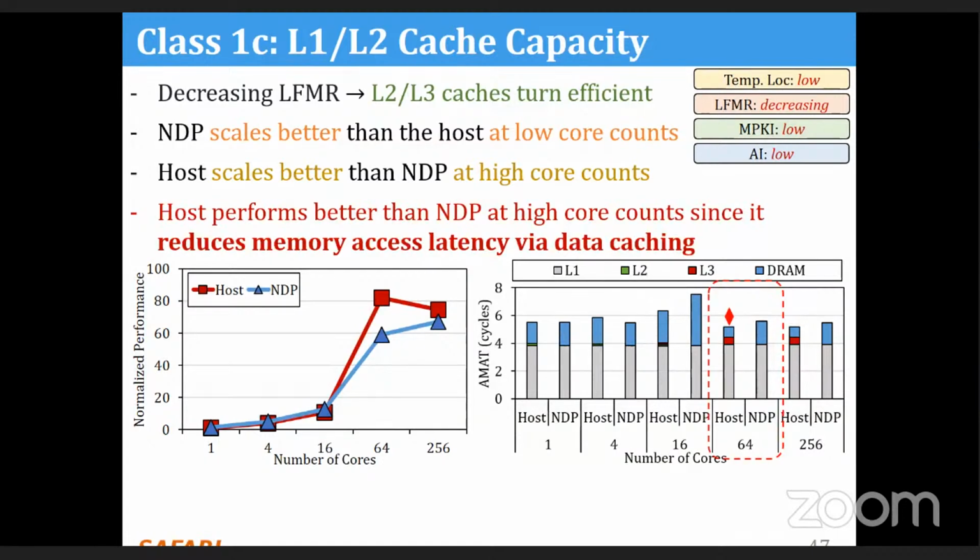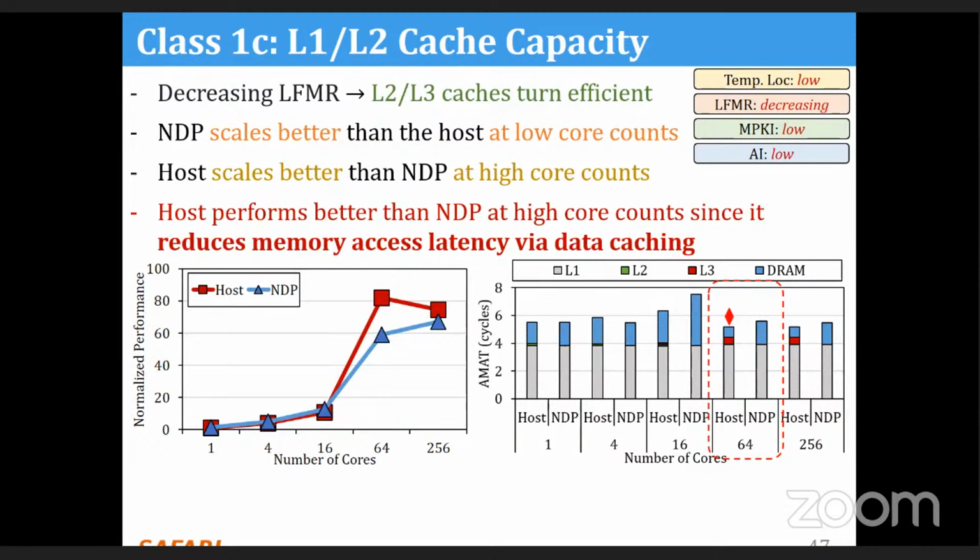We also see in this plot the latency for the host and NDP when it comes to 64 cores, which is a higher number of cores. We see that this total latency of the access to memory, over the access to data, is lower in the host than in NDP.